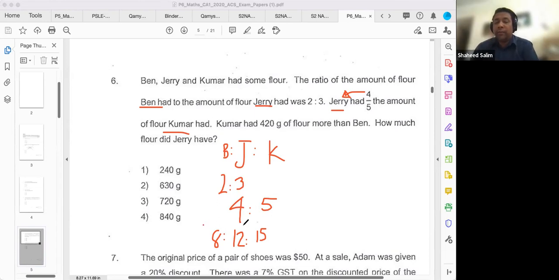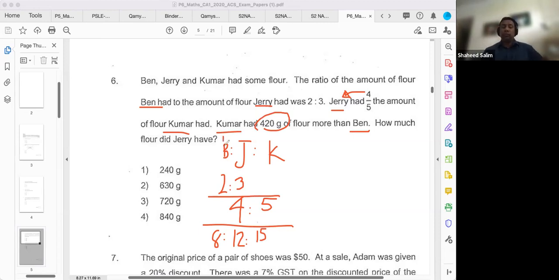Okay, then you solve it now. The difference between Kumar and Ben is how many units? That is equal to 420. Kumar 15 units, Ben 8 units. 15 minus 8 gets 7 units. This is equal to 420.